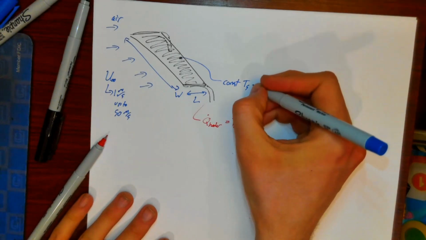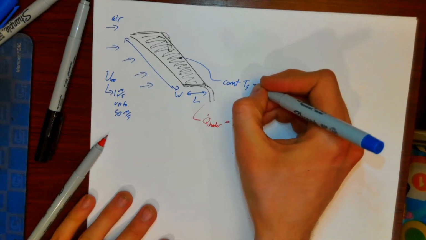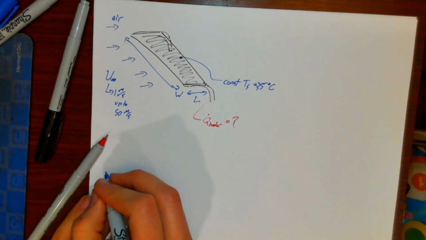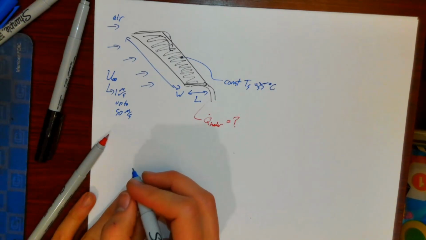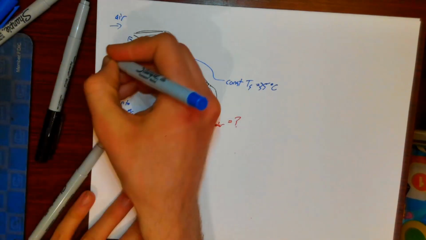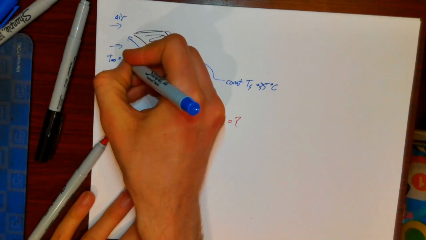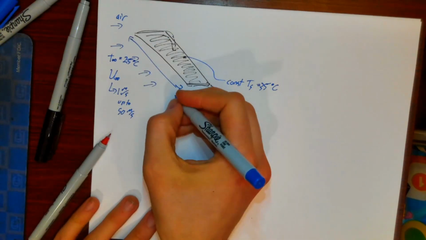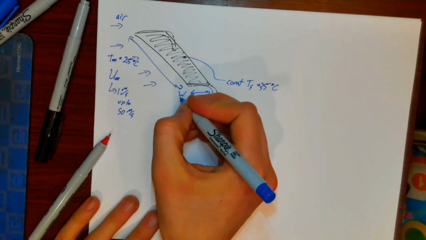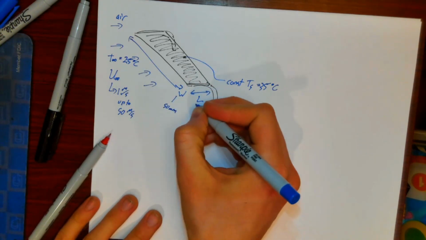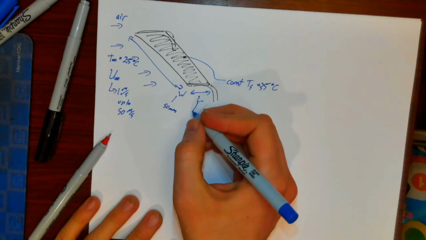Let's say we wanted to maintain this constant surface temperature at 35 degrees C, and the T infinity of the fluid coming in was going to be 25 degrees C. And let's say our width was 50 millimeters, and our length was 20 millimeters.